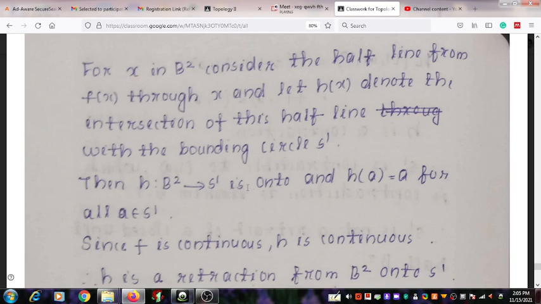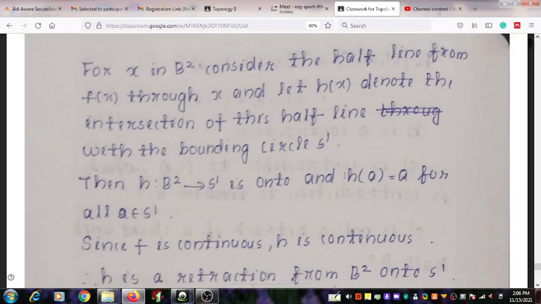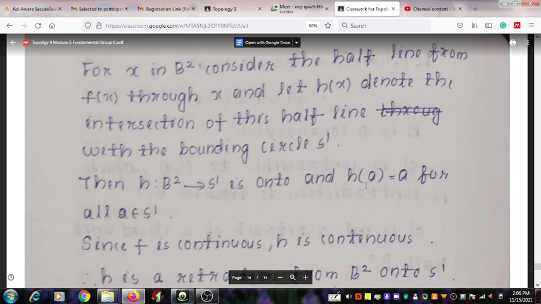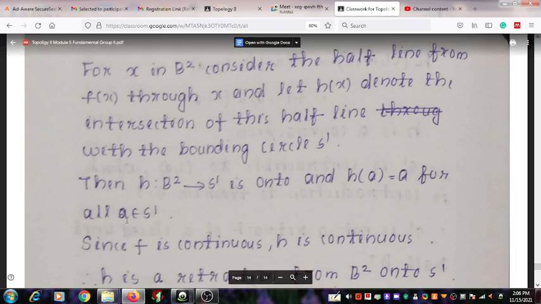This function is clearly onto. Also, this function has the property that h of a equals a whenever the point a belongs to S1.